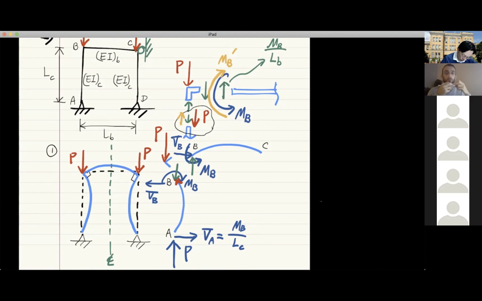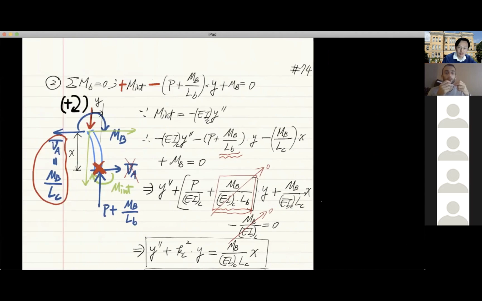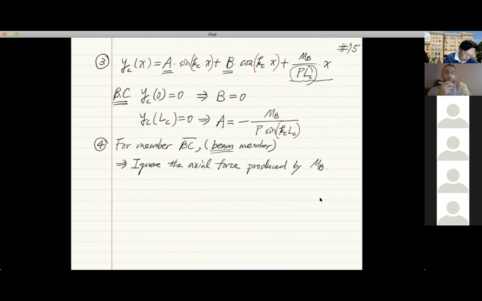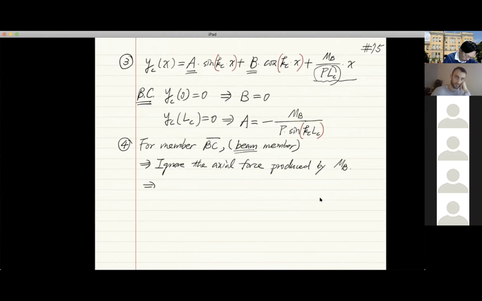We will also ignore it in the analysis of the B member, which is member BC. So this term, MB over Lc, was of course the one we called VA before. We're going to set this to be 0. That means we will not include that in the analysis. This way we can simplify our moment equilibrium, and the moment equilibrium will lead us to this.